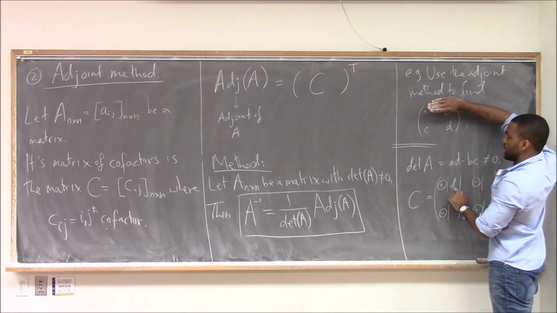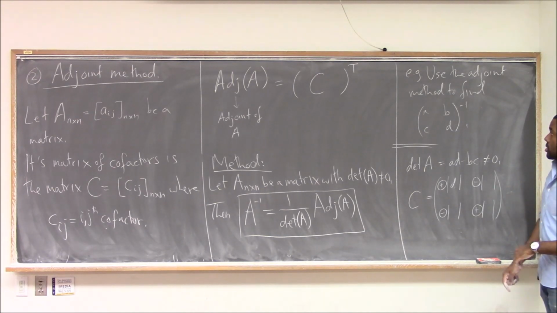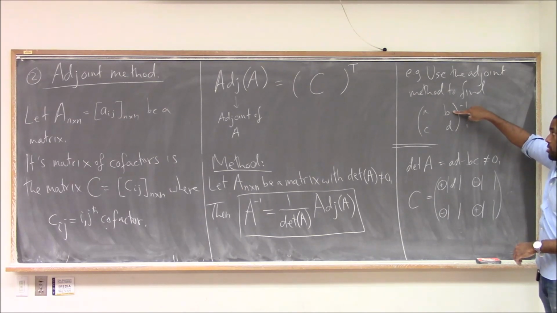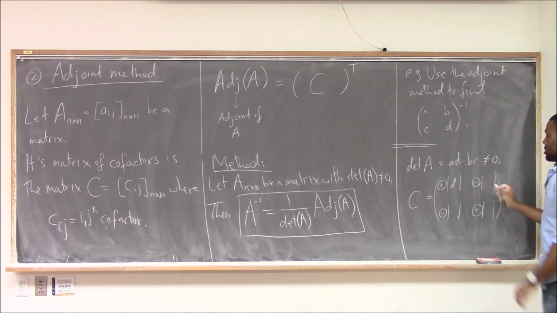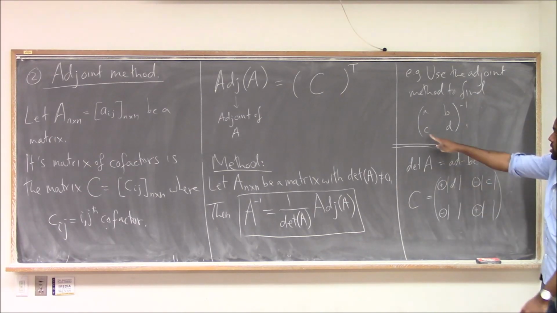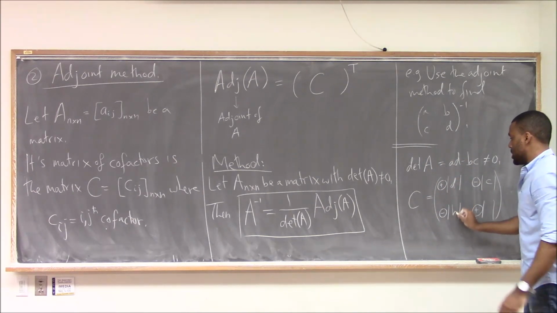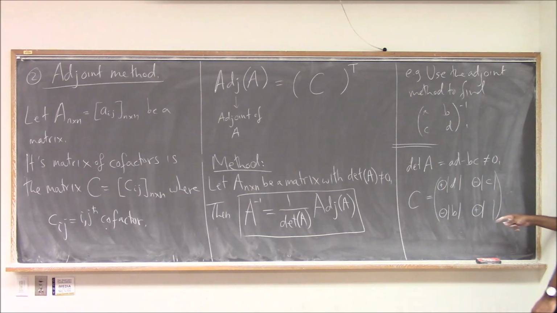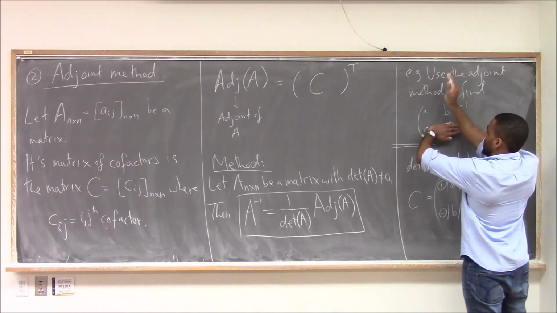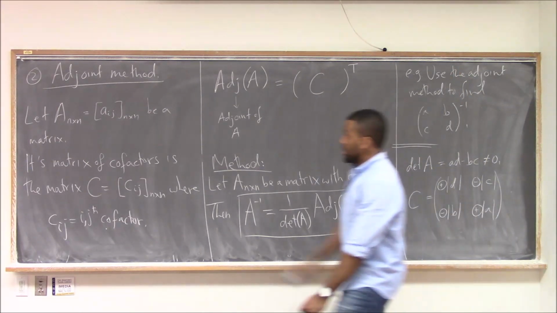So D is just the minor. Then you move into the position of B, block out everything in its row and its column. That's going to be the C. Move to the position of C, block out everything in that row and that column. The determinant of that is B. And if you move on to D, block out everything in that row and that column, you get A.